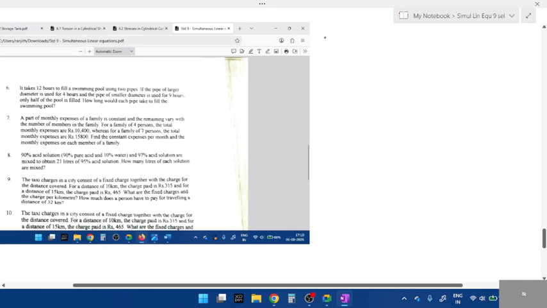So the first five questions you'll practice. We'll try the seventh. A part of monthly expense of a family is constant, and the remaining varies with the number of family members.